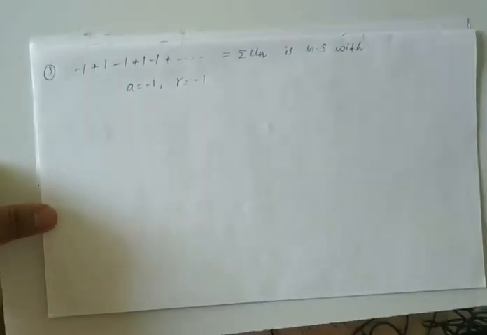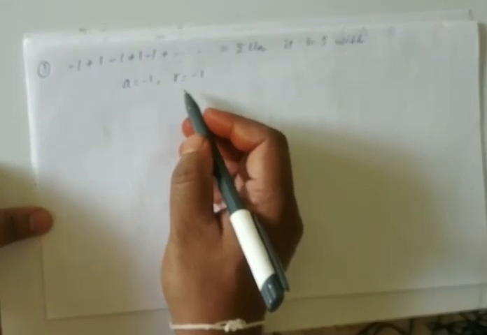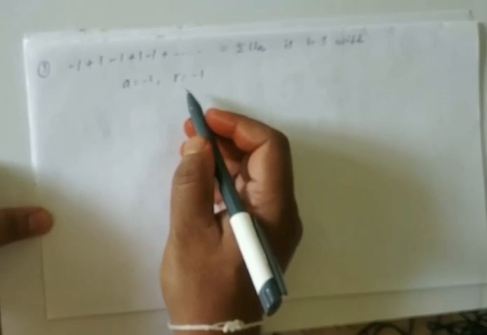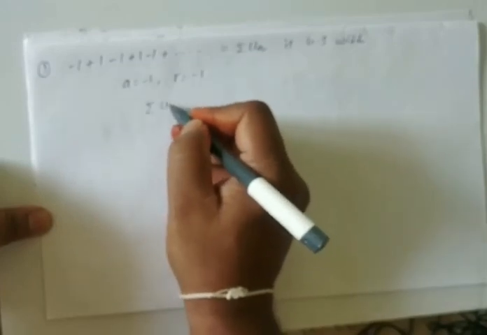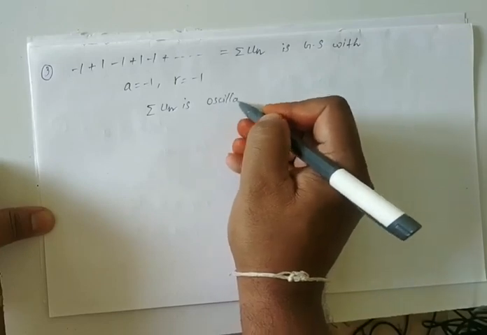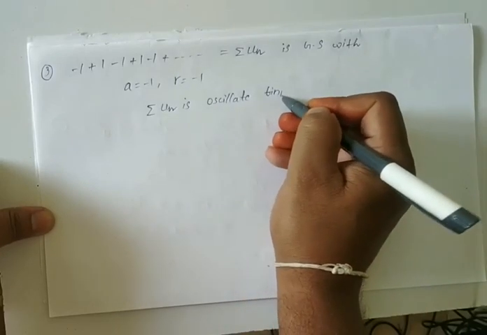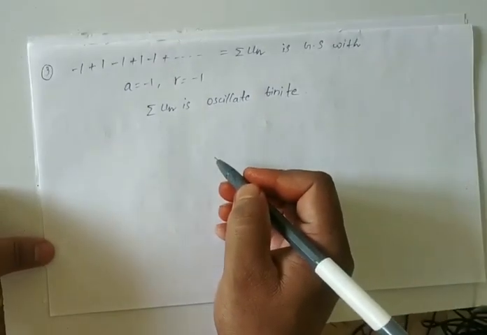We know that if r is equal to minus 1, then the given geometric series is oscillating finite. Therefore, here the given series is oscillating finite.